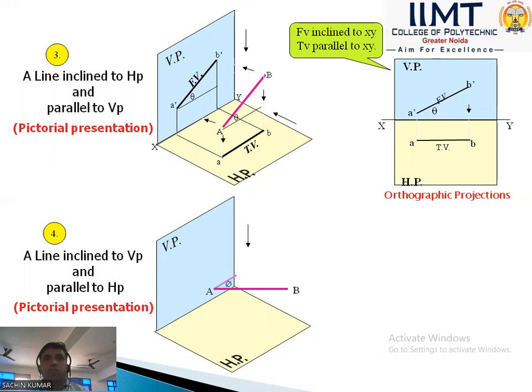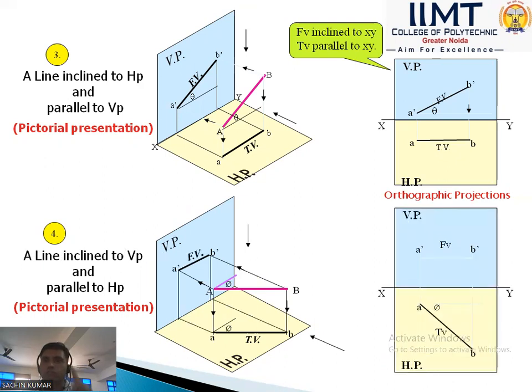In this case, the top view gives the true length in the HP plane, and the front view gives the shorter length. So which view do we draw first? The top view is given first. In this orthographic projection, first we draw the top view below the XY line, and after that we draw the front view above the XY line.